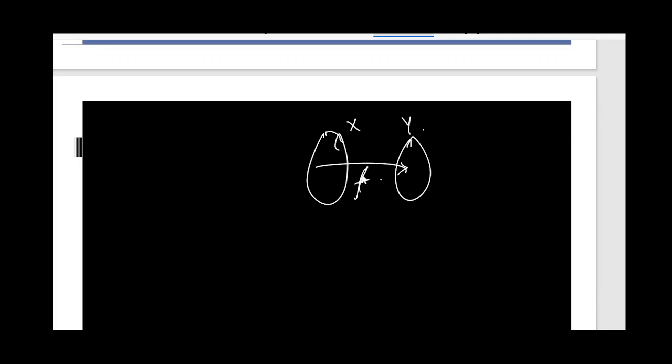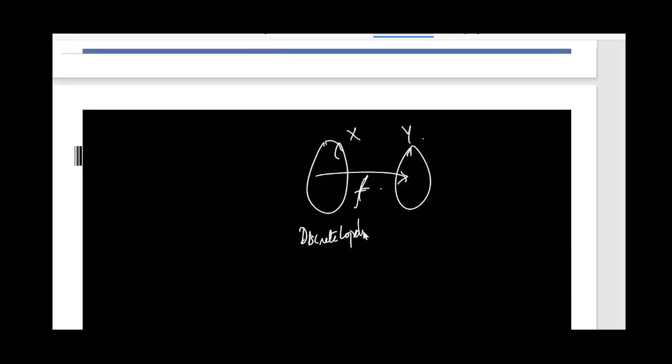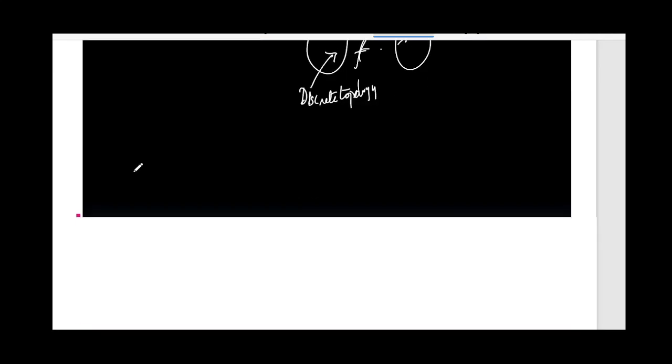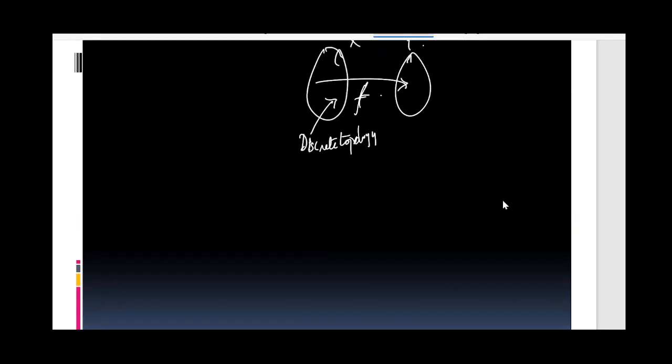So in order to make this function continuous, if you are having the discrete topology in your domain, then f is continuous, or we can make it continuous in another way: take x and y, f from x to y.